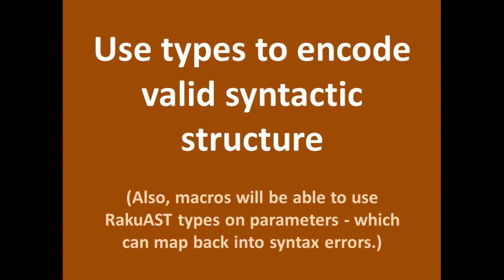One of the other nice things that falls out of this is that if we have macros that only make sense on certain kinds of syntactic construct, that can be done just by putting type constraints into the macro signature. Further, the compiler can even actually map those back into syntax errors. So it can say, oh, if you use this macro, you should give it a term, not a more general expression.